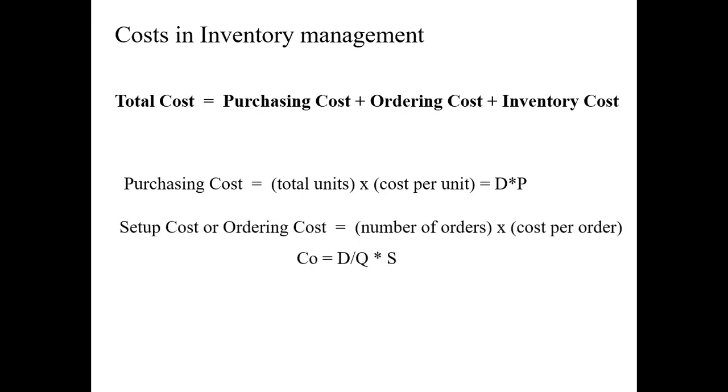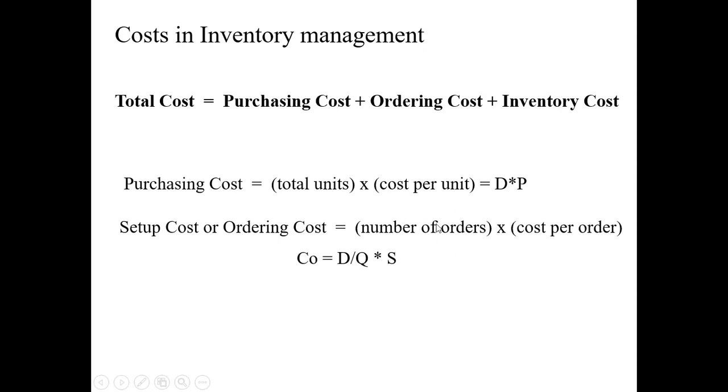The setup or the ordering cost. For making every order, there are some costs or expenses involved, and this particular cost is directly proportional to the number of orders. The more the number, the higher the expenses. So the setup cost or ordering cost is calculated by the number of orders multiplied by the cost per order. If you are making only one order, then we have just the cost per order.